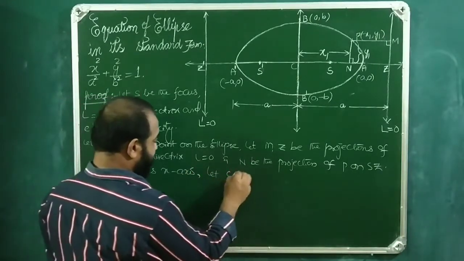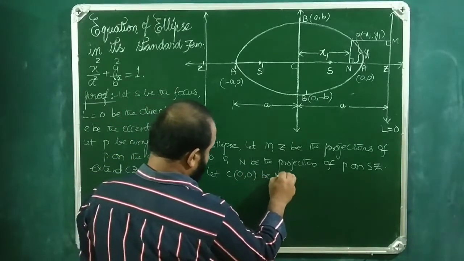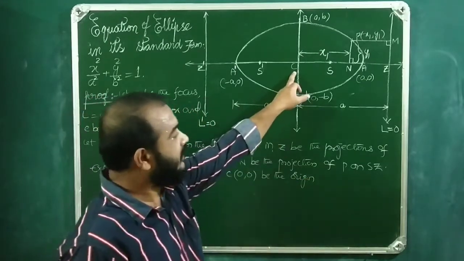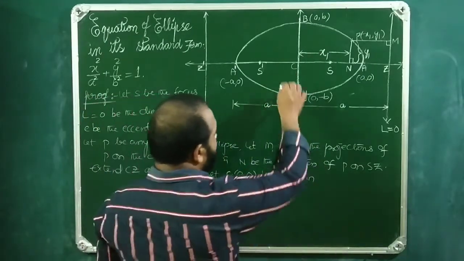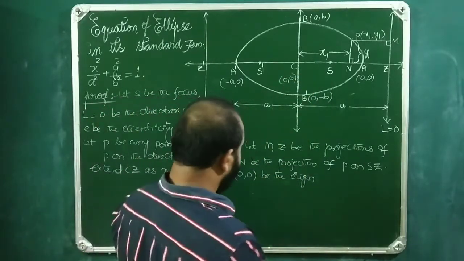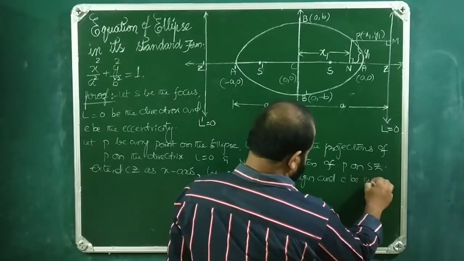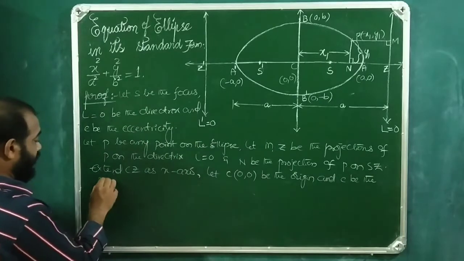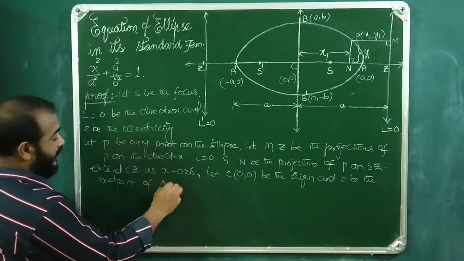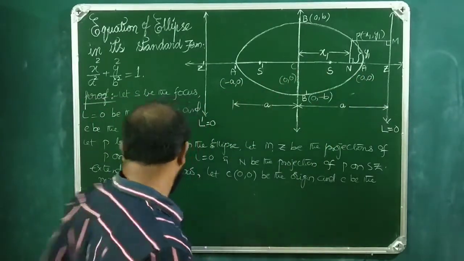Let C 0 0 be the origin, and C be the midpoint of A A dash. A A dash midpoint is C.